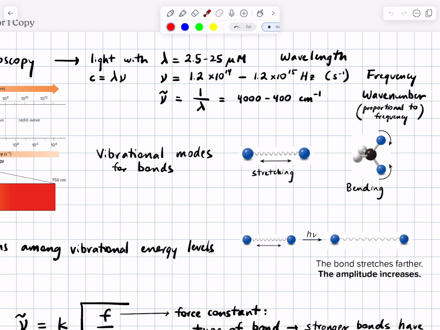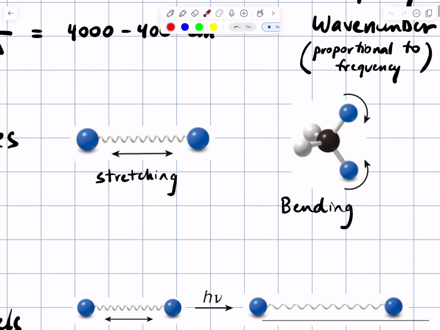There's more physics there that we could talk about that we won't, but these are different ways that bonds can vibrate. There's stretching, which is just this kind of action on a spring. And then there's bending, where a bond angle changes based on movement of the two atoms. And both types of motions have this sort of spring-like capability.